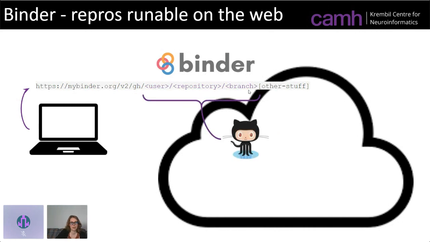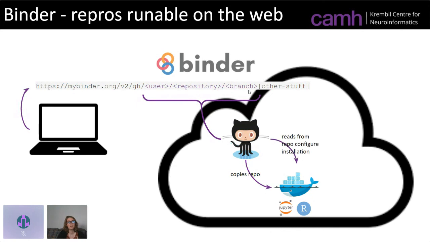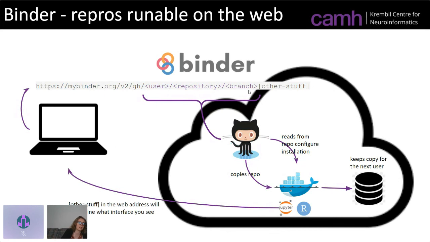It reads that as a command to copy from GitHub into the Docker, to build a Docker that contains Jupyter and R, to read from files in the repo to configure the installation of other things into that Docker. And it takes that Docker and it makes a copy in the cloud for the next user, which hopefully means that the next person who clicks on the link won't have to watch a million things start the way that you did. And then it takes either Jupyter or Rstudio, and it feeds it back to the user. So you see either a Jupyter or an Rstudio interface.